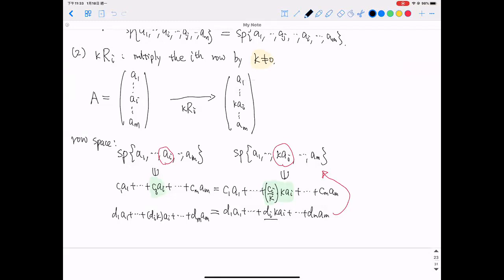After I rewrite it this way, I get an expression that's a linear combination of the A's. So this now belongs to the row space of A. So what this shows is that any element of the row space of the new matrix lives in the row space of A. Therefore, the two row spaces are equal.